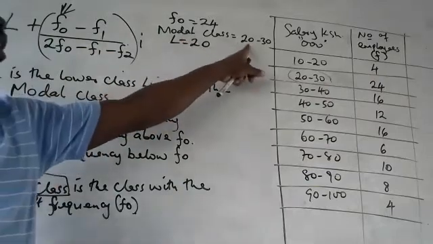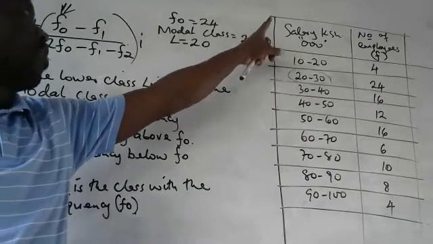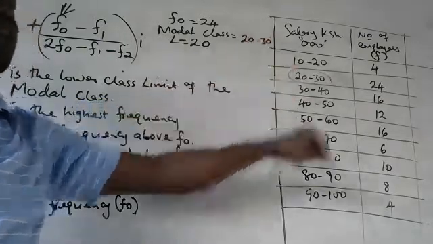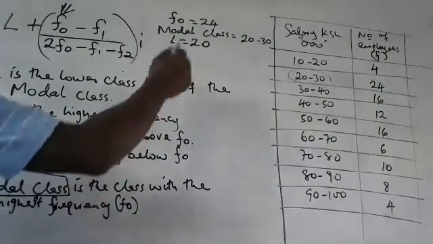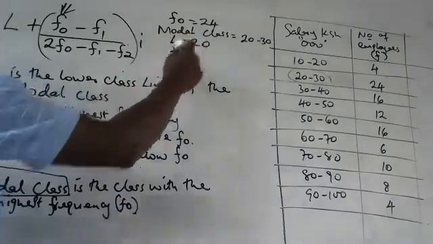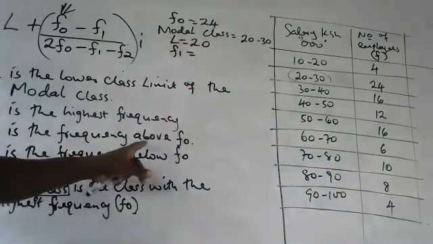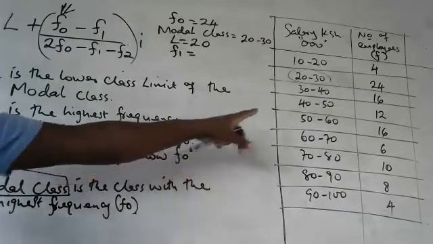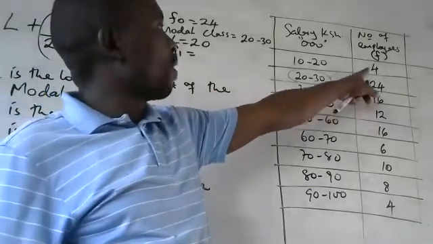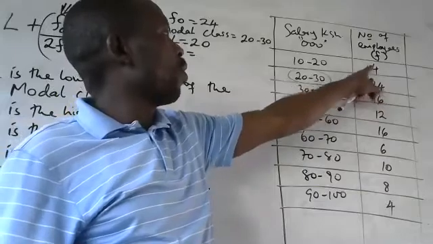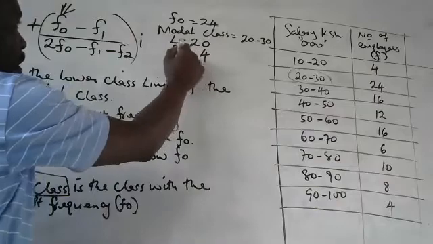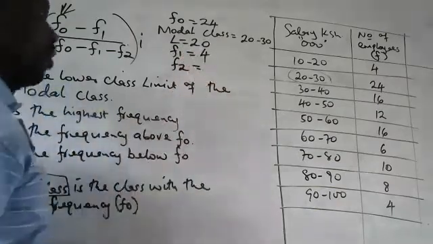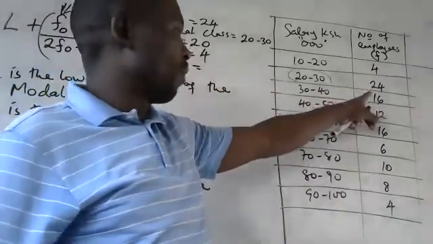This is the lower class limit, this is the upper class limit, and we pick the lower class limit to be our L. Then from there, you identify the F1. F1 is the frequency above F0, which is 4. The frequency above 24 is 4. F2 is the frequency below F0.